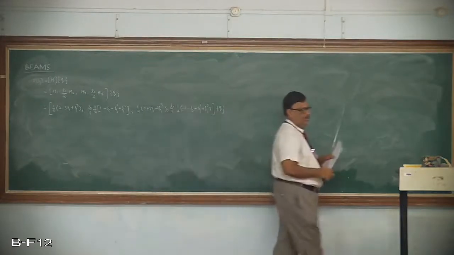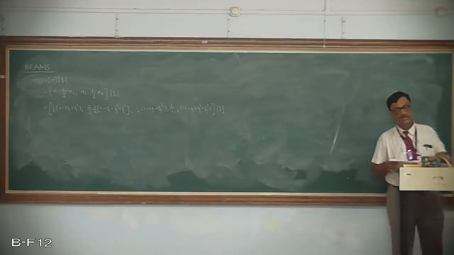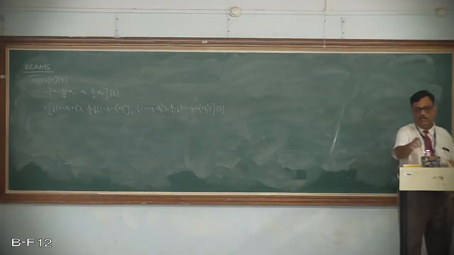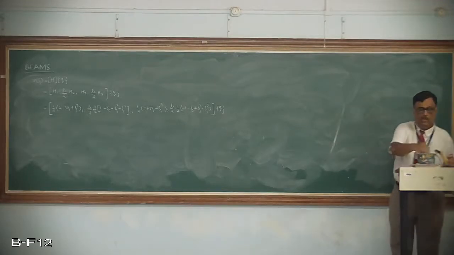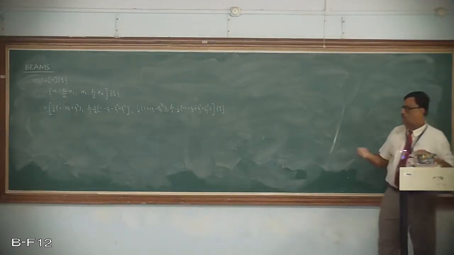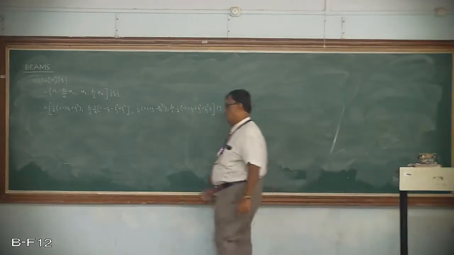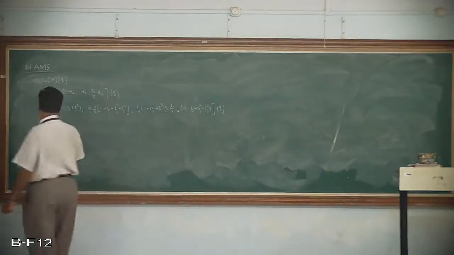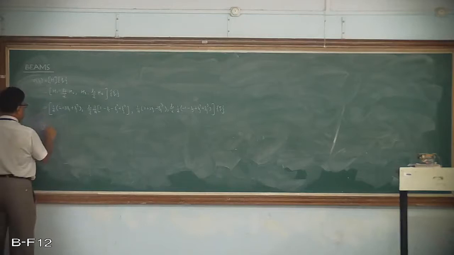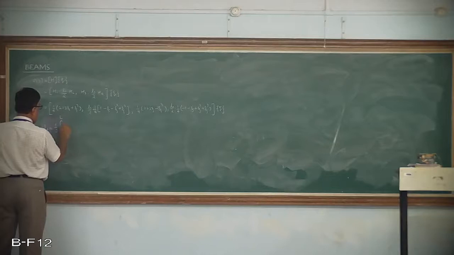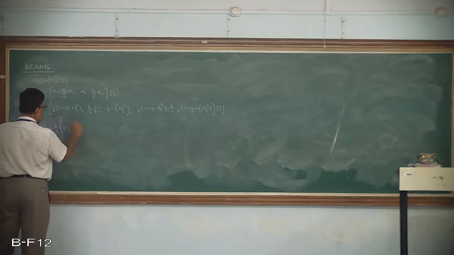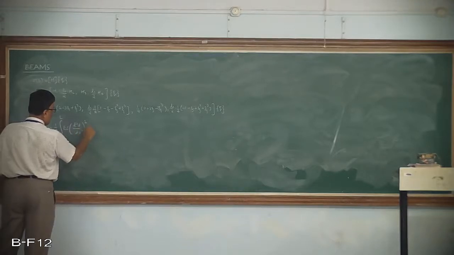Why I am telling this is, since our strain energy consists of d square V by dx square and the square of that, we need to take this expression and go on differentiating it. The strain energy equation we have written is half integral 0 to L of EI into d square V upon dx square, whole square, into dx.